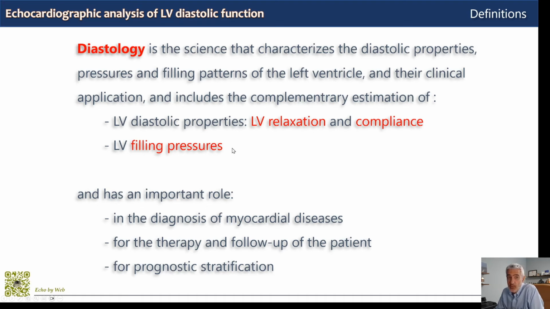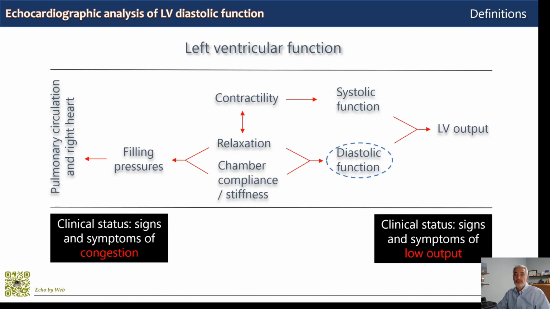However, today we have echocardiographic tools that allow us to make reliable estimates based on a large number of studies published since the 90s. These estimates that we perform play an important role for the diagnosis of myocardial diseases, therapy, assessment of therapy, and follow-up of the patient with therapy, and also for prognostic stratification.